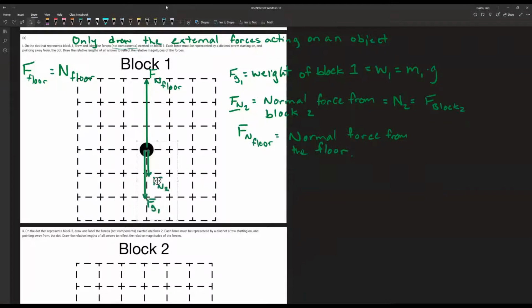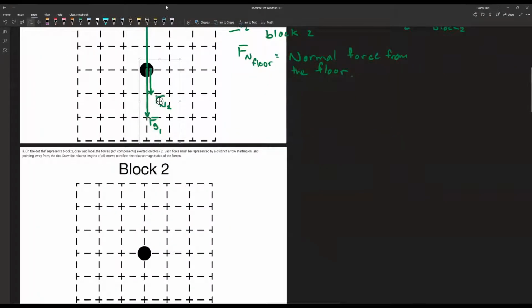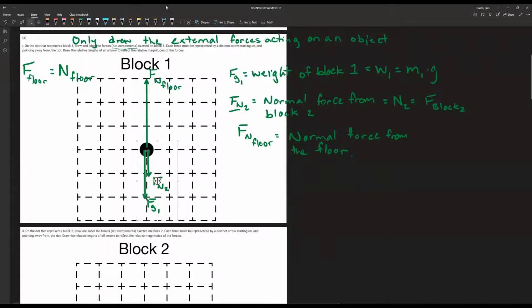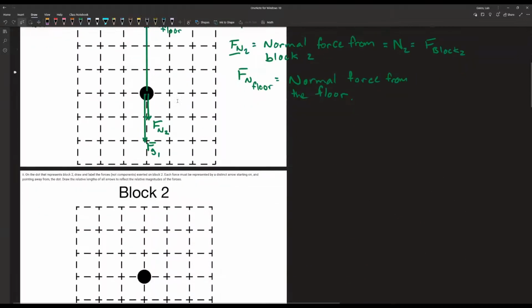The way I had them before is fine. It doesn't really matter. But if possible, once I have my free body diagram finalized, I would clean it up, maybe erase the arrows and draw them a little bit better, now that I know all the forces acting on it.